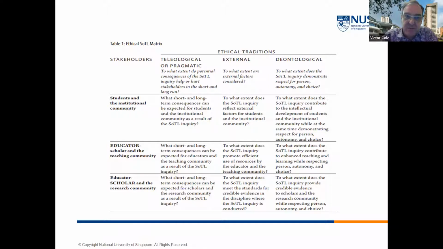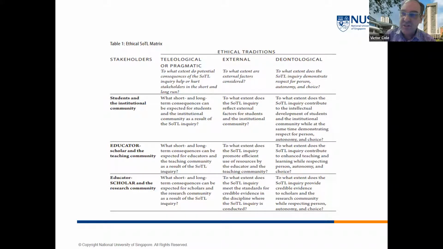What I thought was interesting about it is that it tries to capture different groups of stakeholders, students and the institutional community, so those not directly involved in but impacted by the research are considered in terms of what the SoTL inquiry aims to do, what sort of impacts it might have, both locally within the student group that's being studied, but also more broadly across the institution.